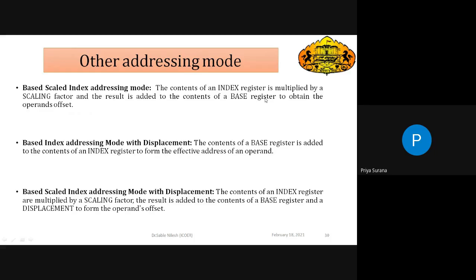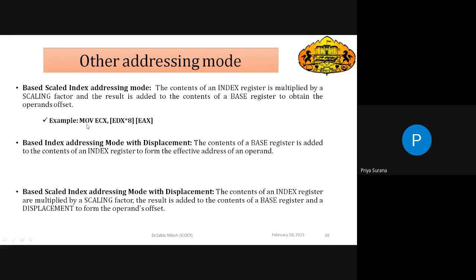Remember, the name itself says that three registers or three factors are going to be used: the base register, the scaling factor and the index register. For what purpose? To obtain the operand, or to obtain the operand address.